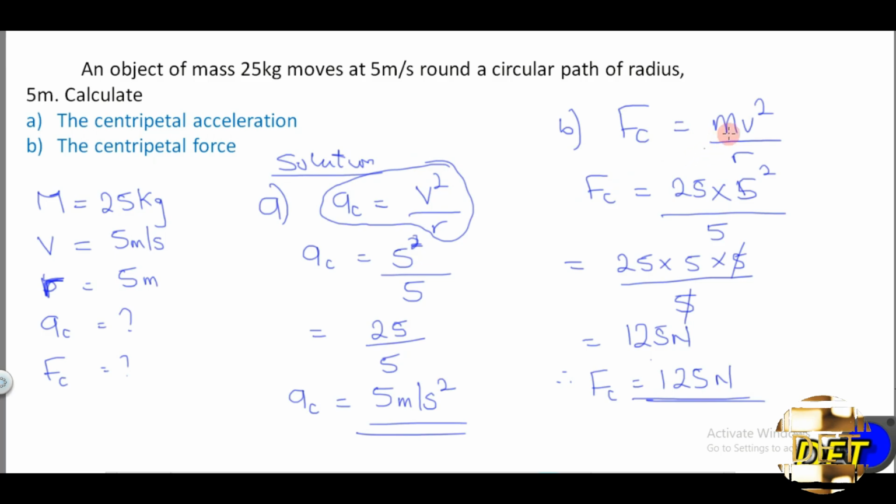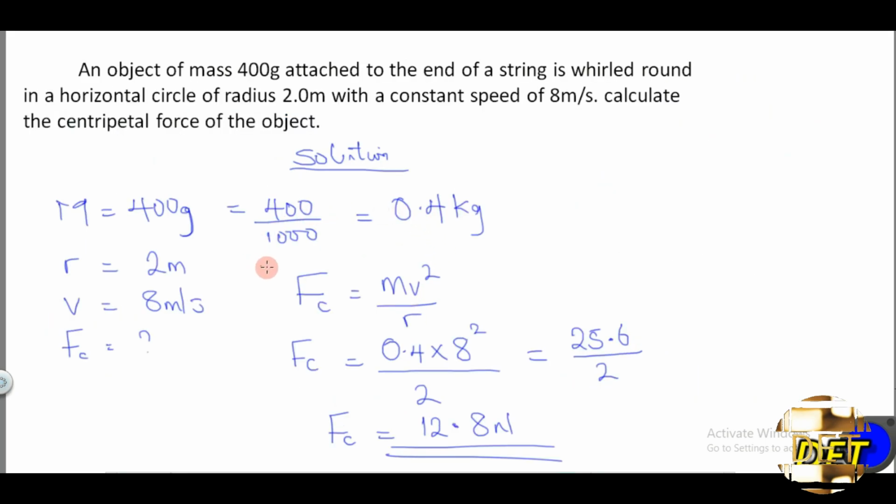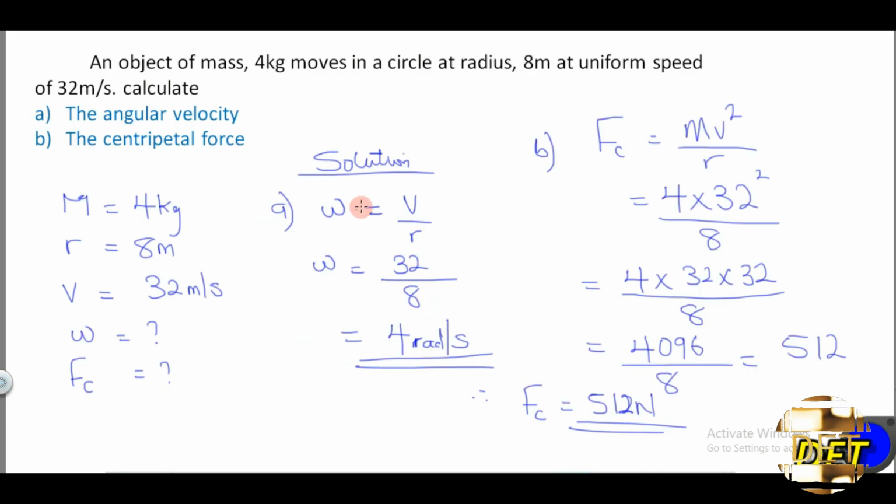If you are calculating for centripetal force, this formula you must always know: F is equal to mv squared over r. Then your angular velocity, w, is equal to v over r.